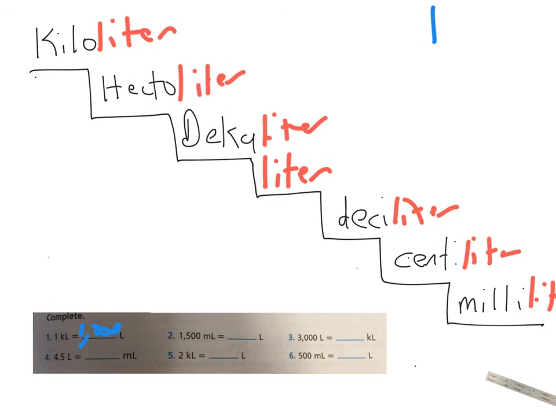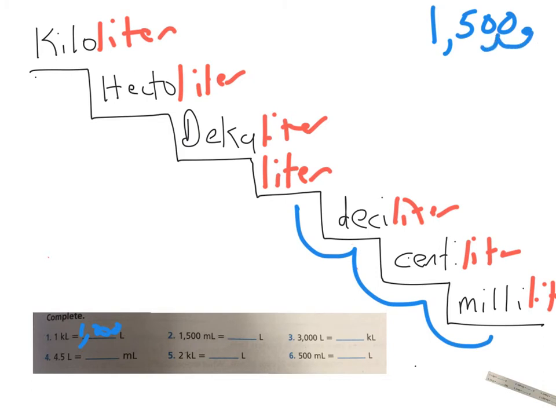Now we have 1,500 milliliters. Okay, well that's starting down here. From milliliters, we're trying to get to liters. So for milliliters, I move 1, 2, 3 places to the left. 1, 2, 3 places to the left. There's my new decimal. That is 1.5 liters.